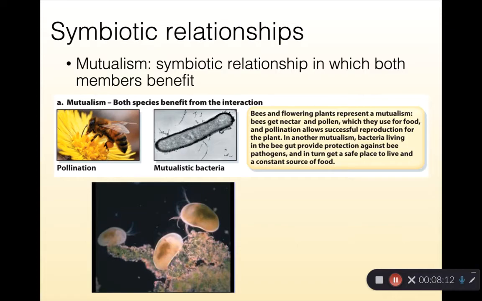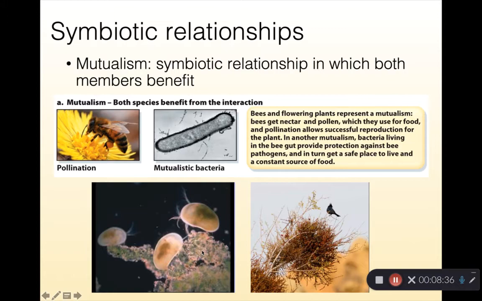Again, it doesn't matter the size. For example, we can look at this idea of ostracods living within the algae. The ostracods take care of the algae and get rid of parasites that might infect the algae, and in turn, the ostracods are able to use the algae as their primary home and environment.